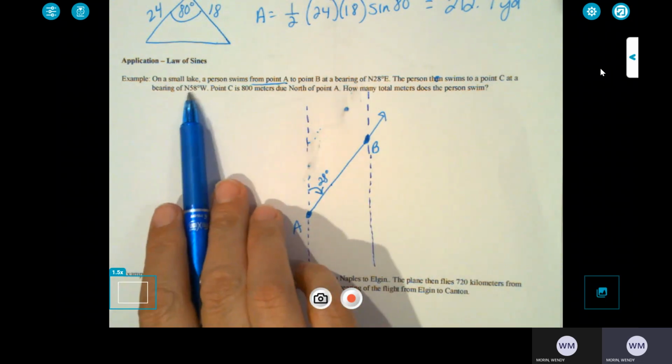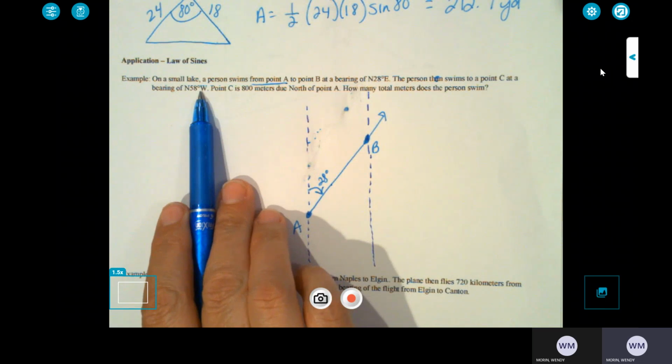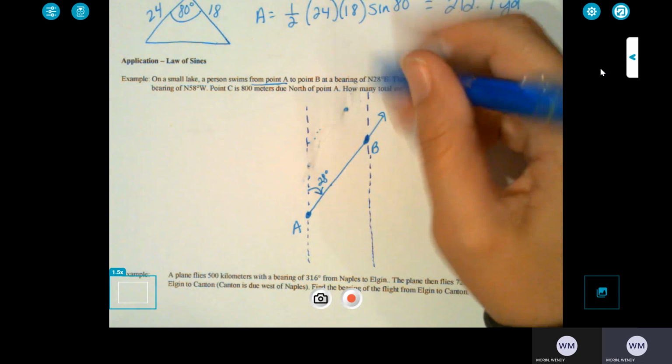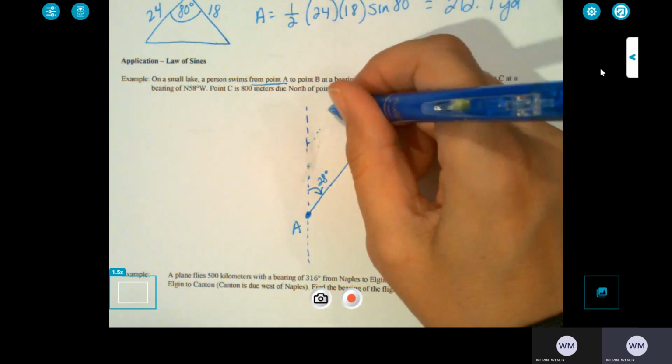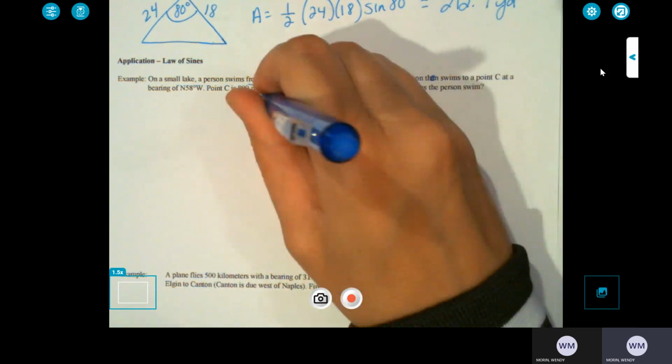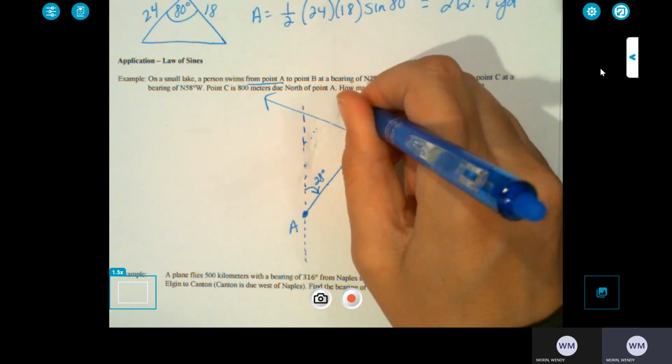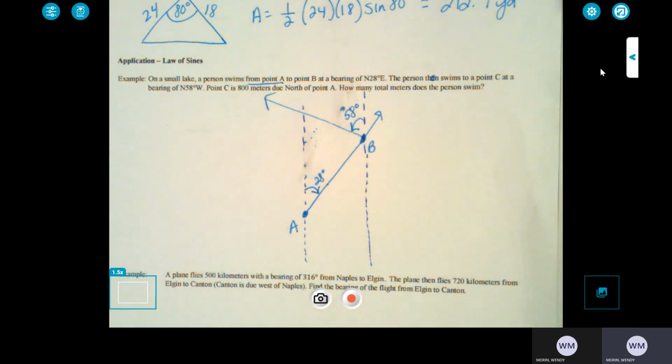So north 58 degrees to the west. From the north, I'm going to rotate this to the west 58 degrees. Again, it's just a guesstimation. This is 58 degrees.